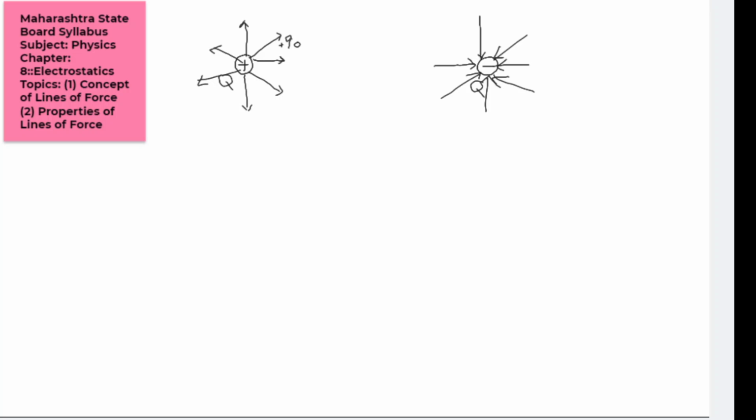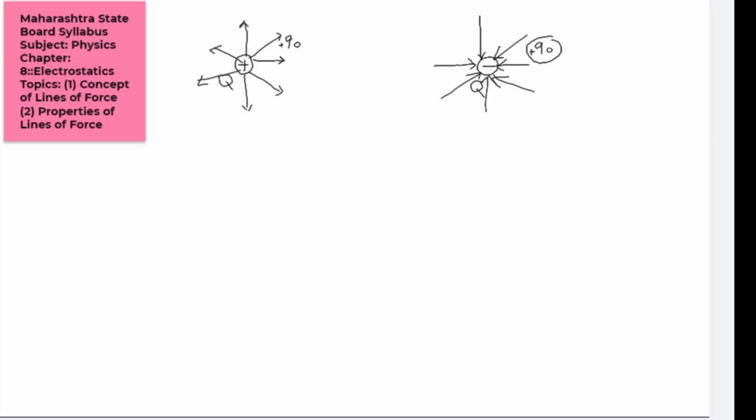And if this positive test charge Q0 is kept in the field of the negative charge, it will get attracted. So again we are showing by these arrows the path followed by the test charge when it is kept in the electric field of negative charge Q.